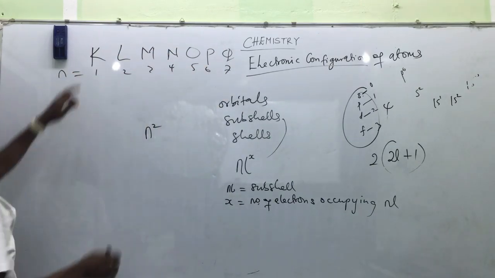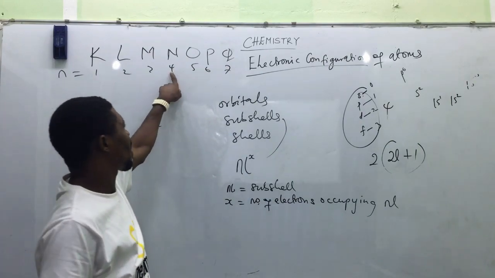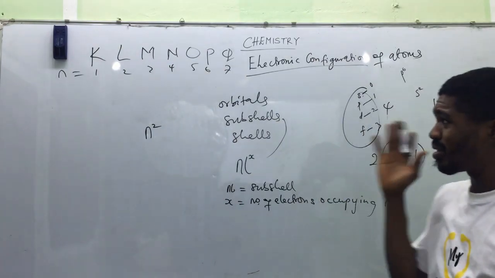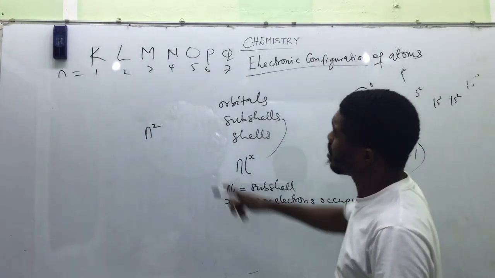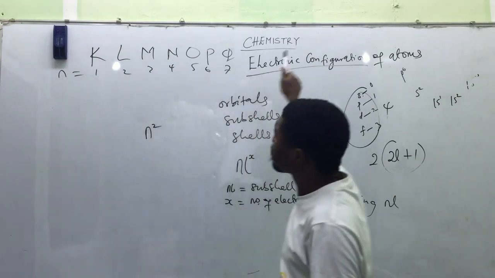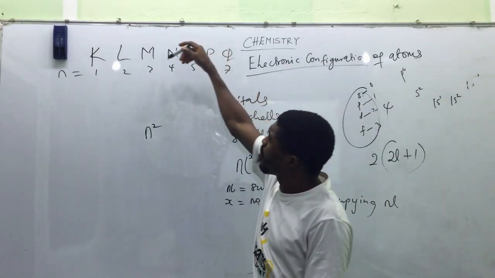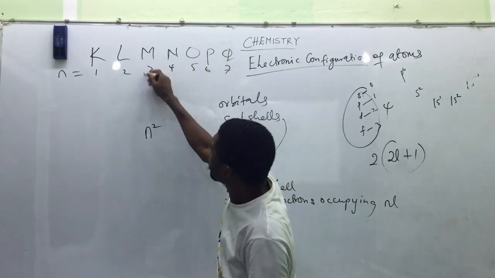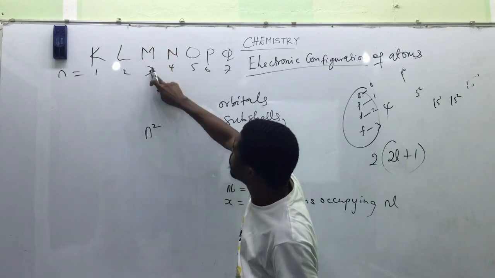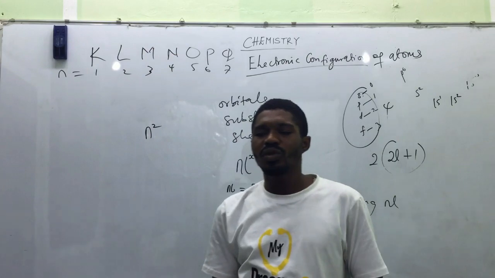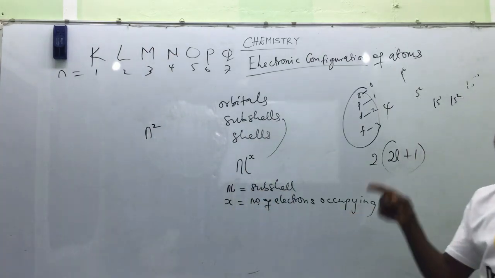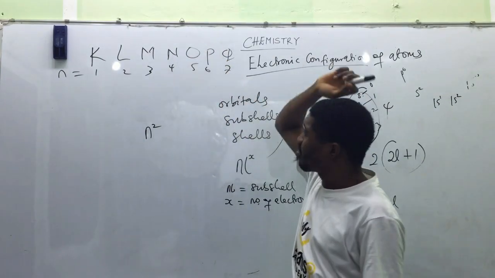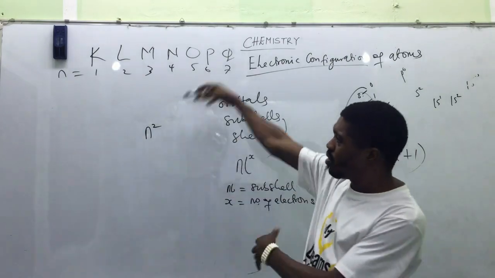These are the n values of the shells, so anywhere you see a capital N, it represents the shell number. These are their principal quantum numbers. So if I want to know the number of orbitals in the M shell, I simply substitute n as 3, which gives 9. So there are 9 different orbitals in the M shell. For the N shell, it is 4 raised to 2, which is 16. So you go like that.